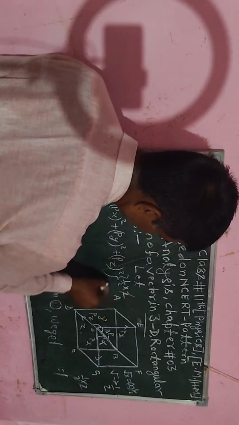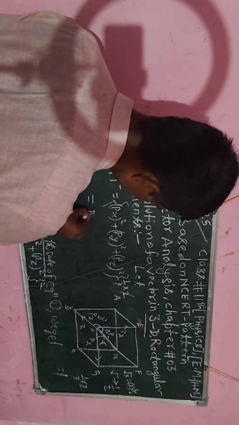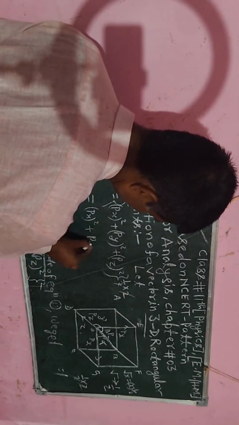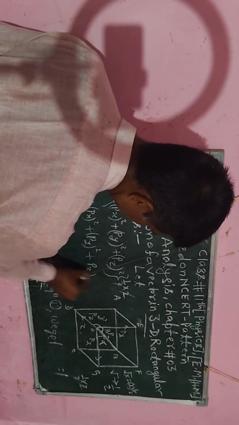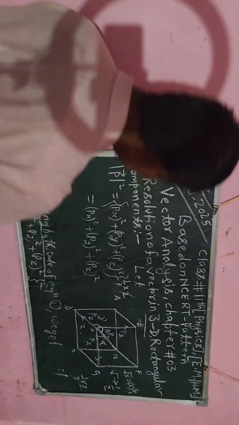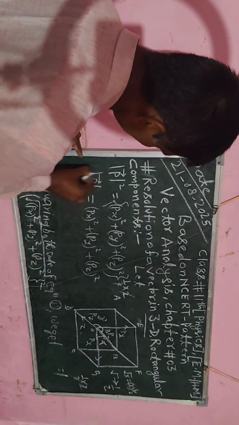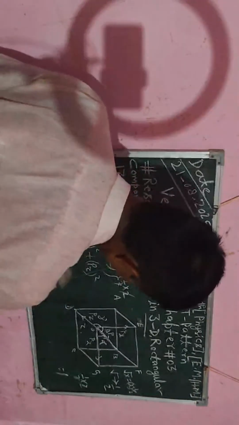So this 2 and this 2 will be cancelled out. After cancelling I will write Px whole square plus Py whole square plus Pz whole square, and here I can also write vector P mod whole square.